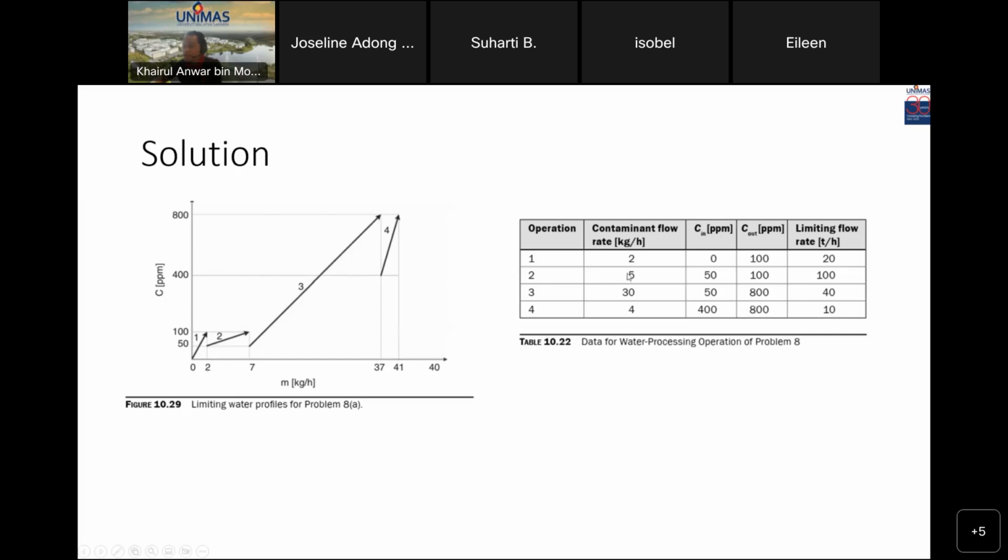So from 2 plus 5 is 7, then 37, 41. For the third operation starting from 50 to 800, see here. Then the last operation is from 400 to 800 ppm.